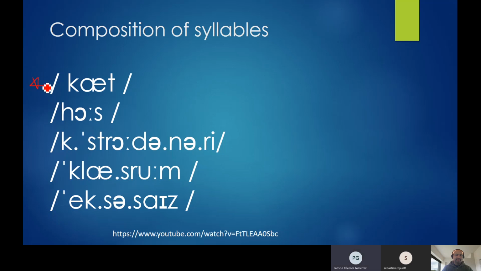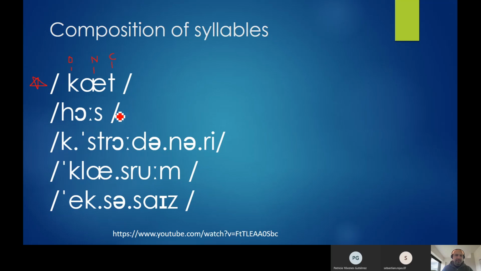In the first one, k will be the onset. The nucleus will be the vowel, and the coda will be t. Wonderful. Very good job. Excellent.